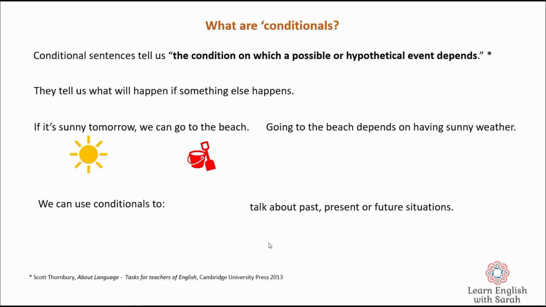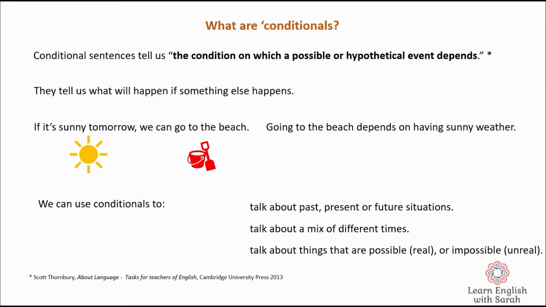We use conditionals to talk about past, present or future situations, talk about a mix of different times, and talk about things which are possible, so those are the real conditionals, or impossible, and those are the unreal conditionals.